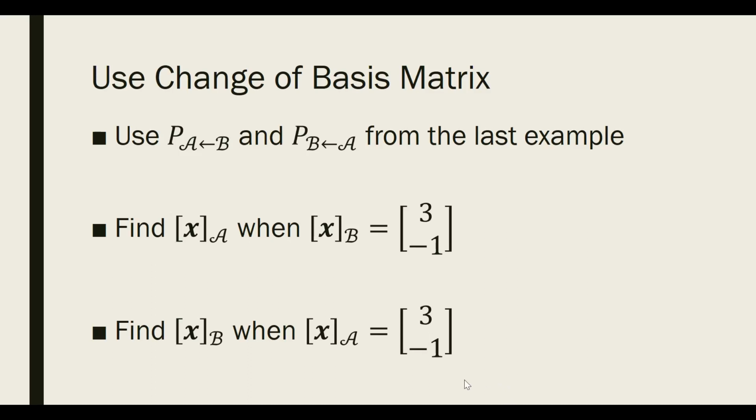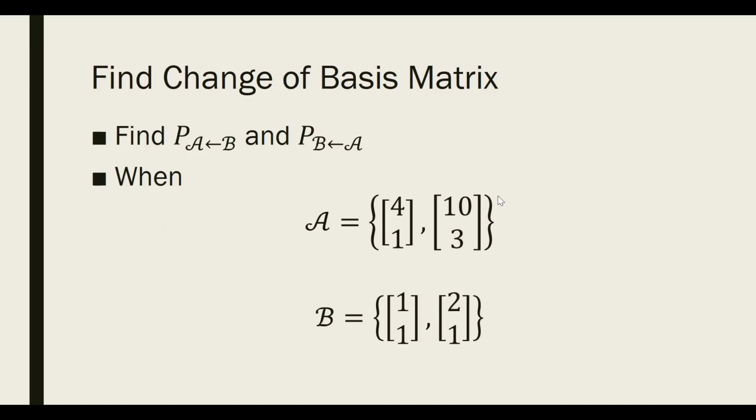All right, so let's go through this. So first off, I want to go from B to A. And again, I'm using the matrices that I had in this problem, right?